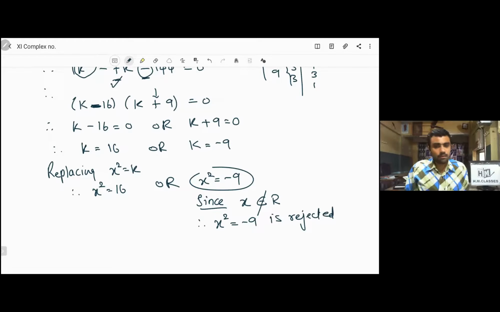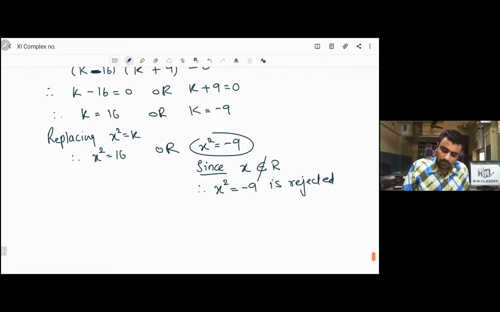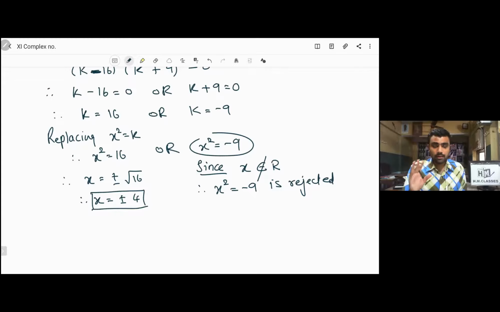Okay, only you are going to get x square is equal to 16, therefore x is equal to plus or minus 4, the square root of 16. This is the answer you got for x, our main original variable.